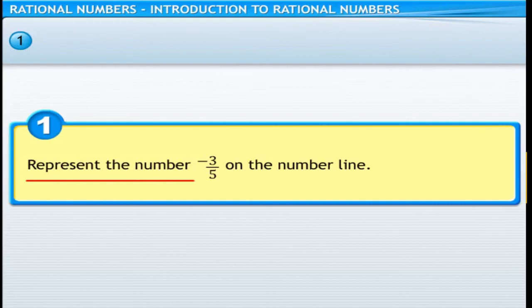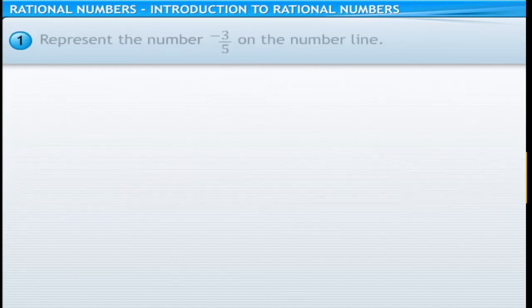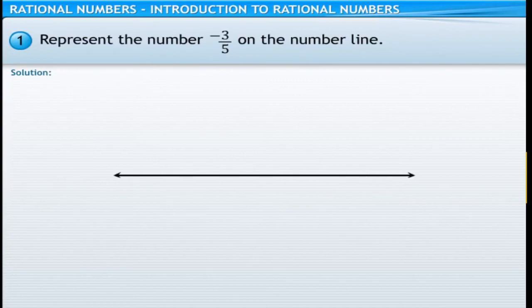Represent the number -3 divided by 5 on the number line. Draw a straight line and mark its center as 0. As the given rational number is negative, it will lie to the left of 0 on the number line. Mark a point to the left of 0 on the number line.